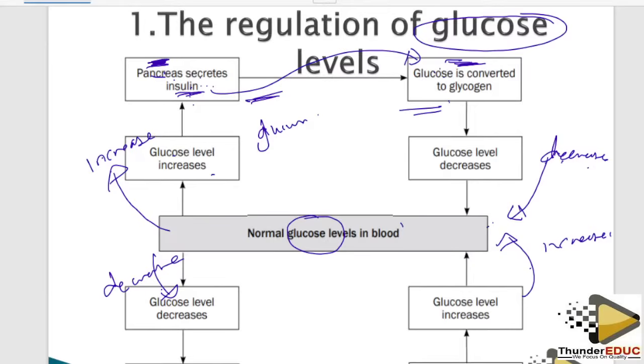But for now, what is most important is you know that insulin is produced from the pancreas, then that insulin is going to stimulate the conversion of glucose into glycogen. Here, that's why I wrote that glucose is converted to glycogen. What converts it is the liver. What stimulates the liver to convert glucose to glycogen is insulin.